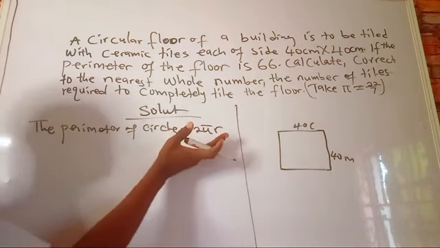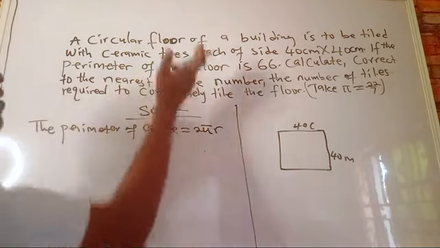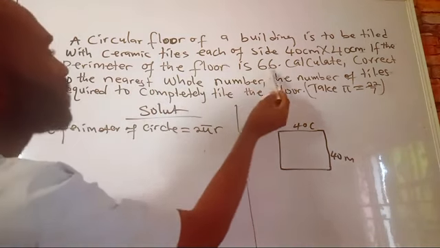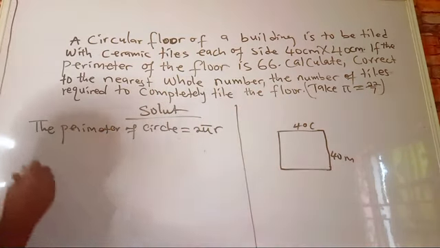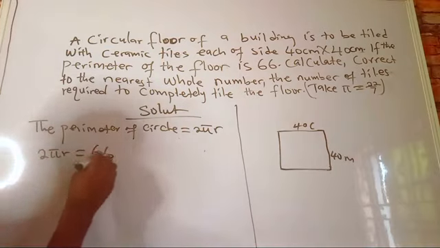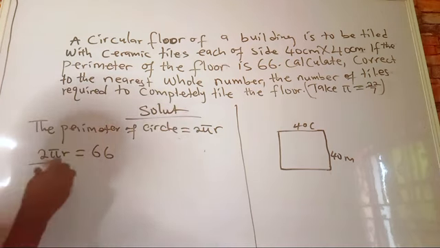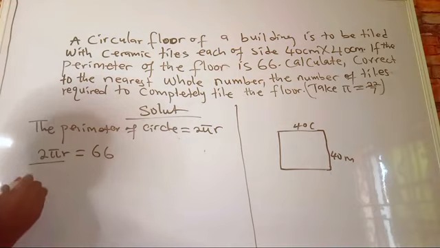This is the formula for the perimeter of a circle. It's given in the question that the perimeter of the floor is 66, which means 2πr is equal to 66. So from here, let's look for the radius of the building.